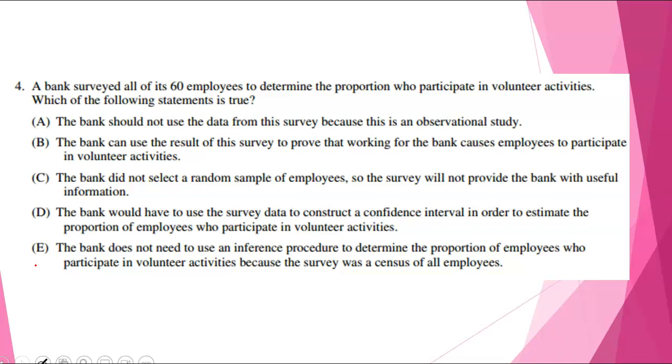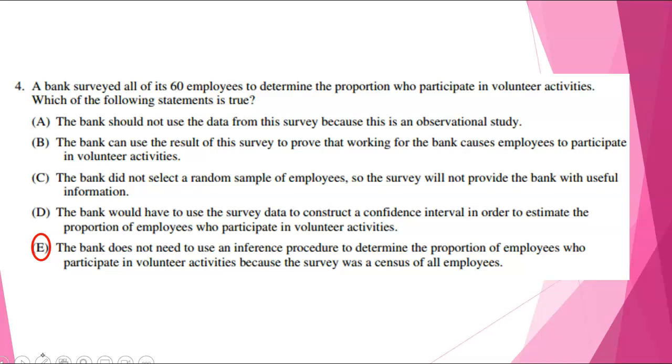The bank does not need to use an inference procedure to determine the proportion of employees who participate in volunteer activities because the survey was a census of all employees. If you look at D, it says the bank would have to use the survey data to construct a confidence interval. We build confidence intervals to estimate information about the population.